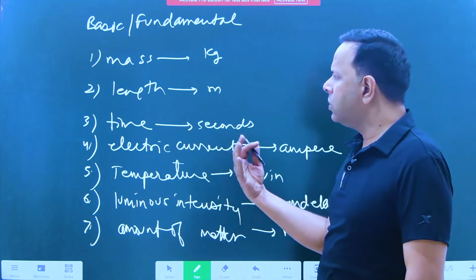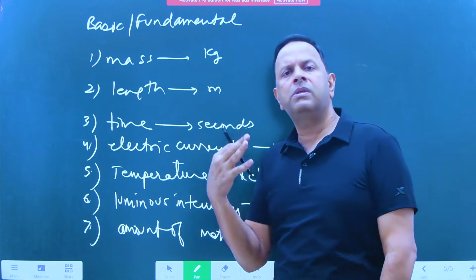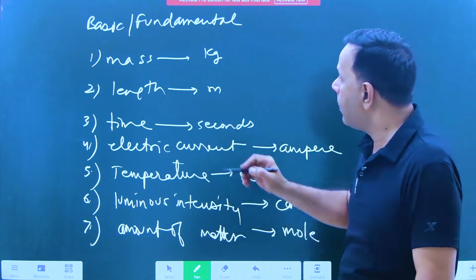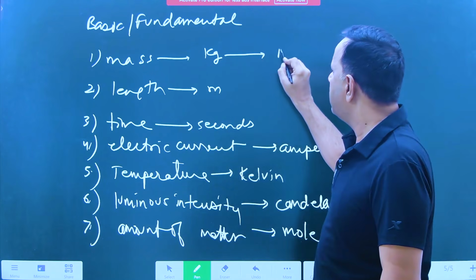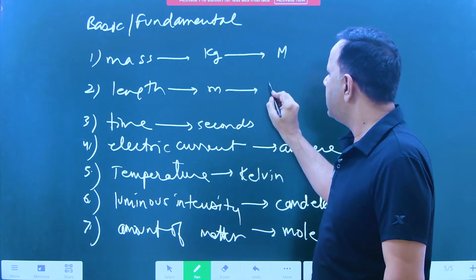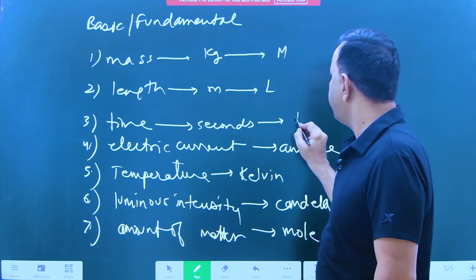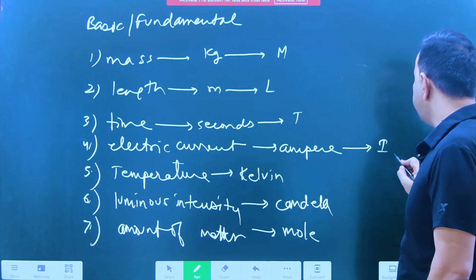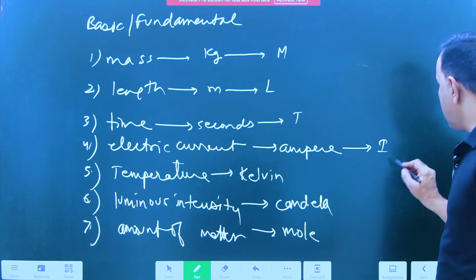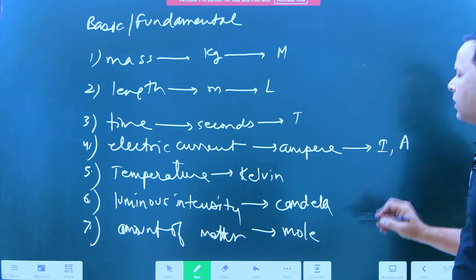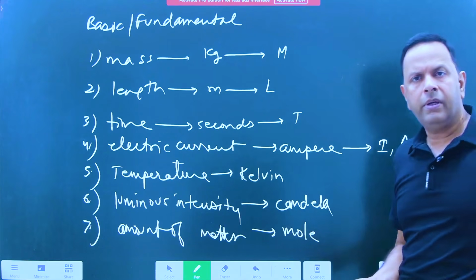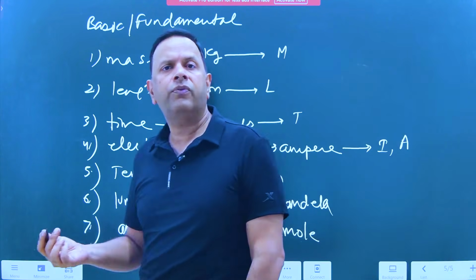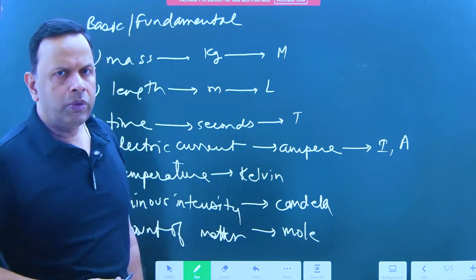And also we choose some symbols to be used for them. For mass, I will be using the capital M. For the length, capital L. Time, capital T. For electric current, either the symbol I is taken or sometimes the symbol A is also taken. A is for ampere, a unit of current, so sometimes this symbol is also used.